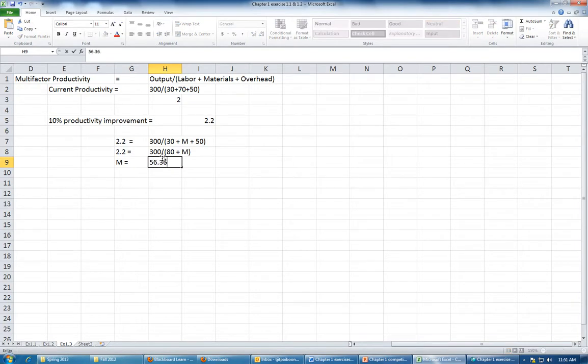When you solve for material, it's about 56.36. So from 70 to 56.36, it's quite reduced.